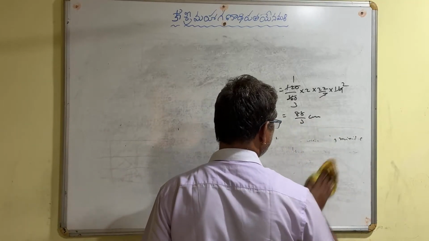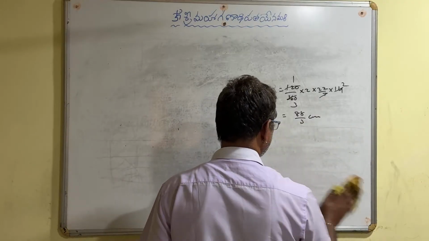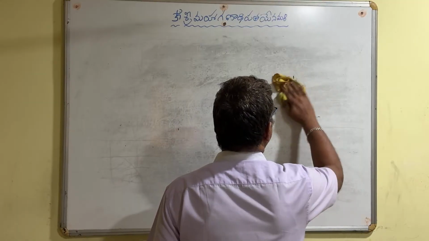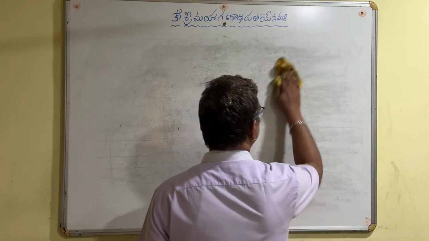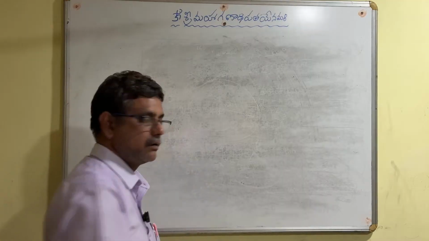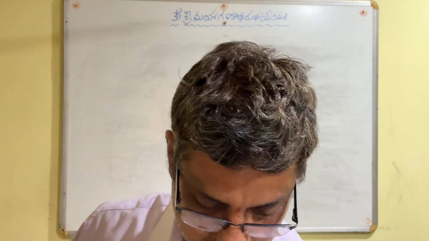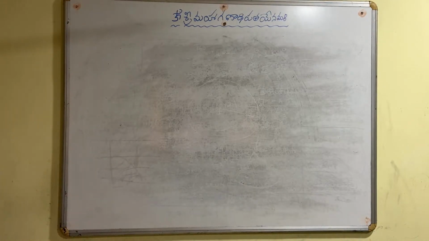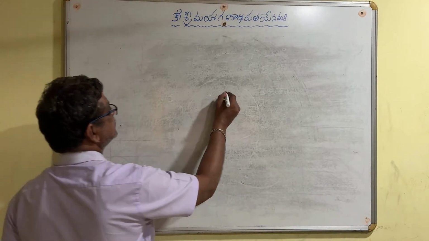Next question. There is a sector with the sector angle 90 degrees and radius is 3.5 centimeters. There is a sector.